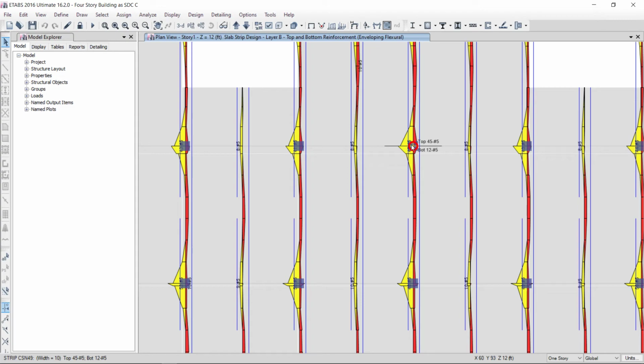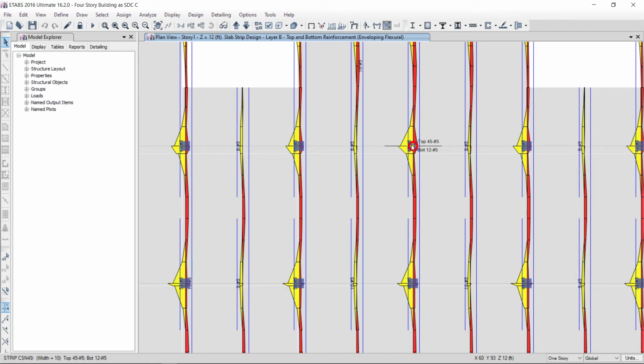Now in this example, we saw that the reinforcement in this slab is increased by almost 74-75%. That means a lot of steel is added for the same building, same load cases. The only difference is now the building is designed as an SDC-C building. Before it was designed as an SDC-B building.